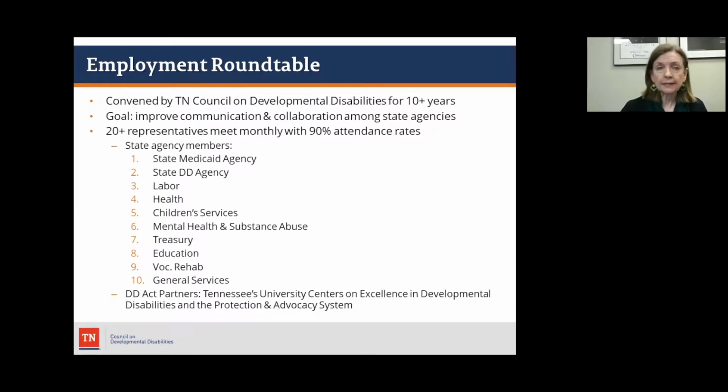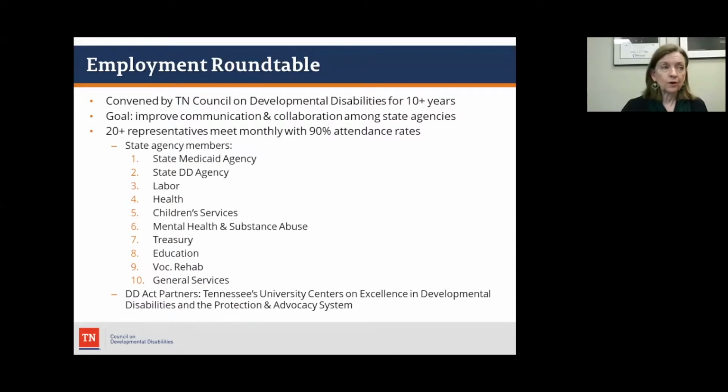who in our state administers a diversity program that helps minority-owned businesses get state contracts. And just this past year, in an initiative that the council led, we were able to get people with disabilities, in other words, businesses owned by people with disabilities, added to that group.